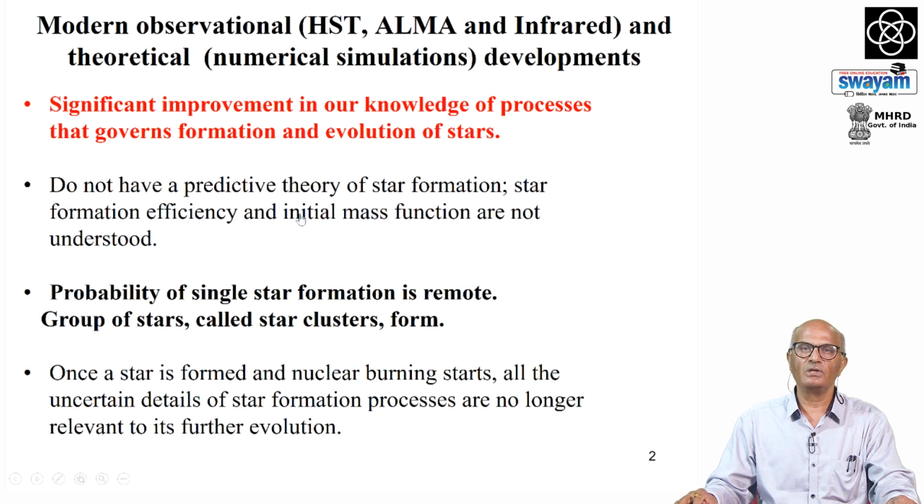Another very important parameter which we do not know exactly is the star formation efficiency. In fact, this is defined as the fraction of the molecular cloud that is converted into stars. How it happens, what the exact number is, and the factors which govern it are not well known.